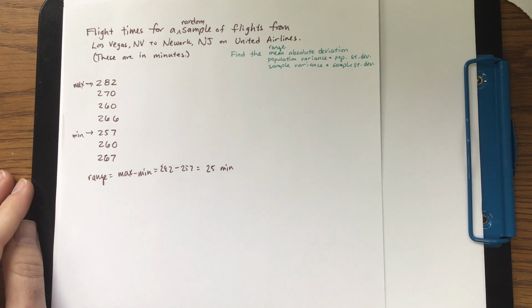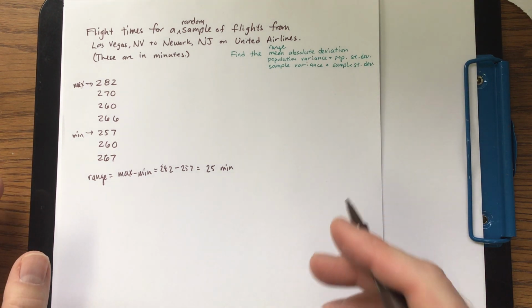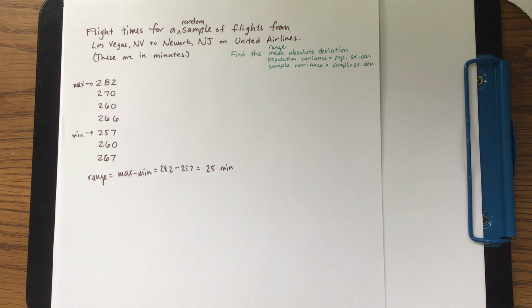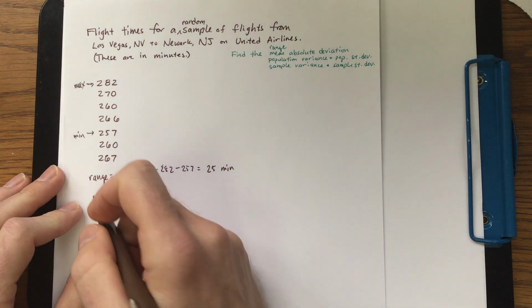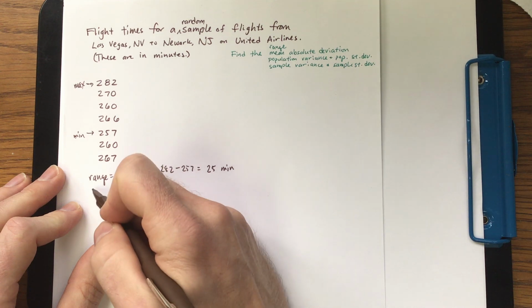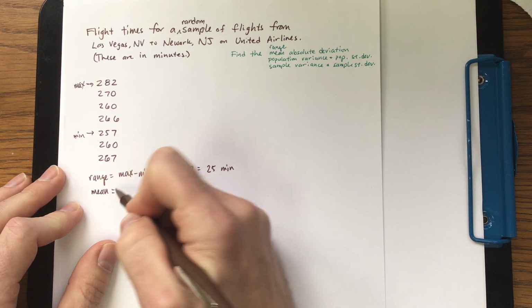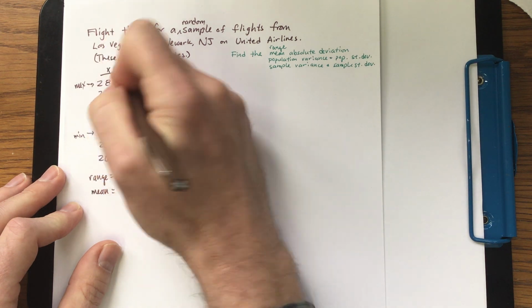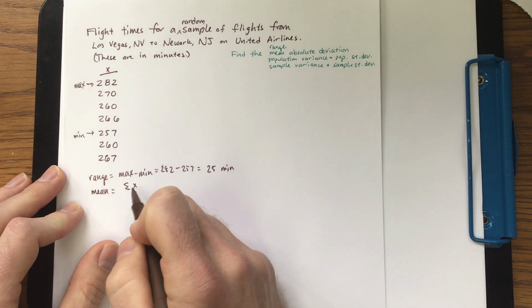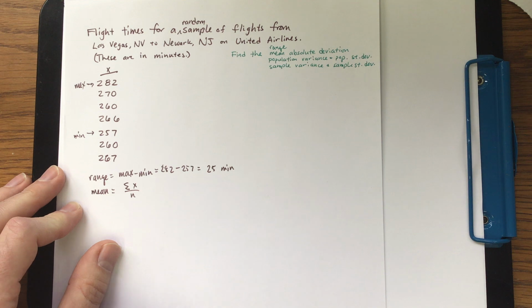The next thing that we can do is find the mean absolute deviation. To do that, we need to find the mean first to find out how far things are from the mean, how far they deviate from the mean. So the mean is the sum of all the data values divided by the number of data values that we've got.